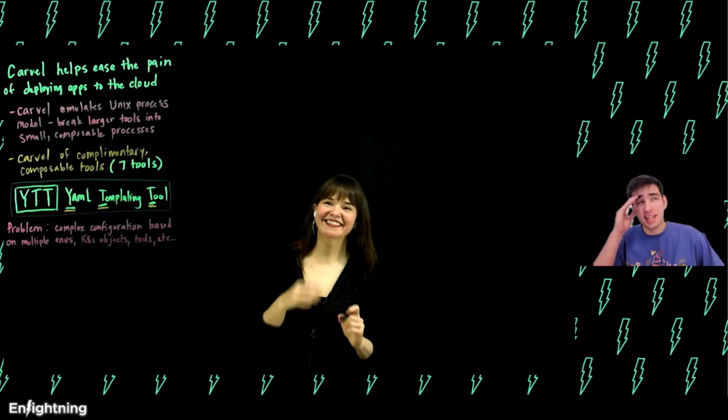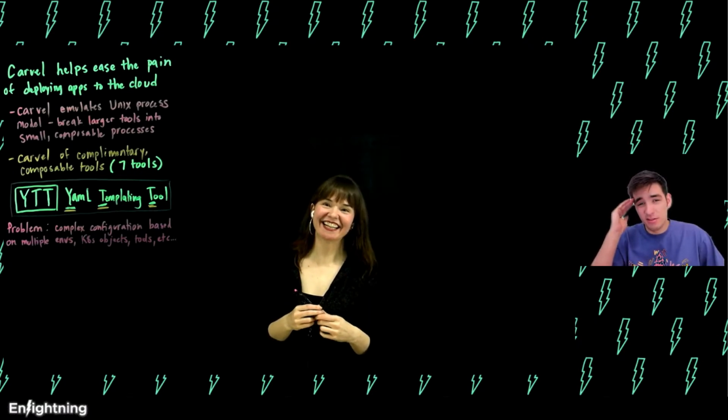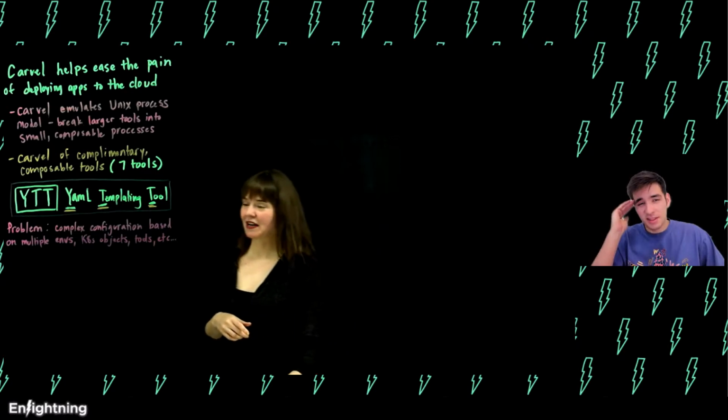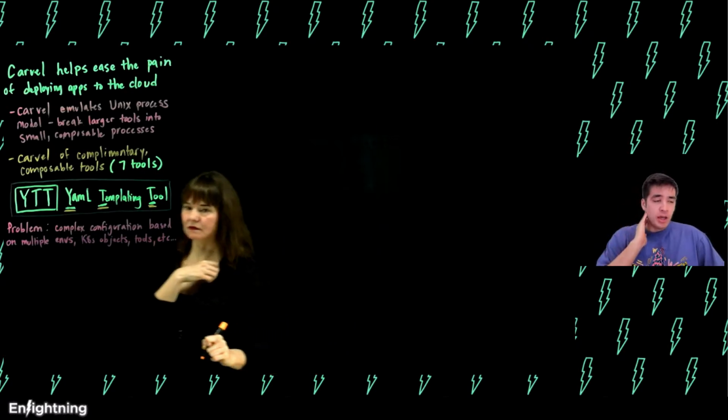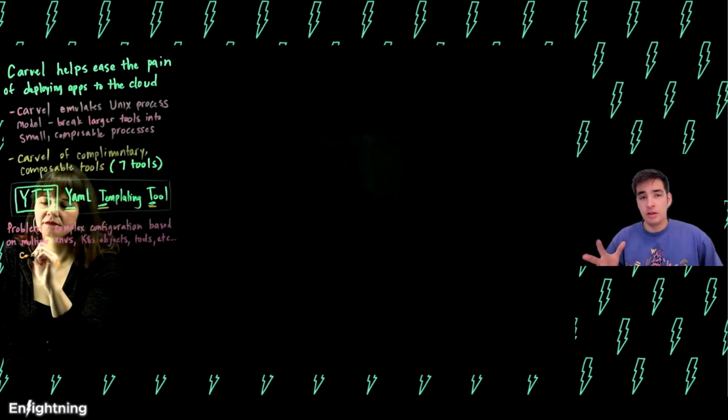And I think you get something like 4,000 lines or maybe 15,000 lines of YAML. Wow. Roughly, something like that.